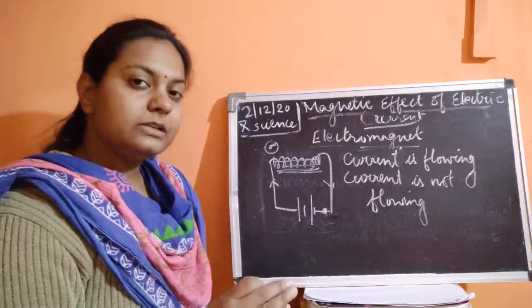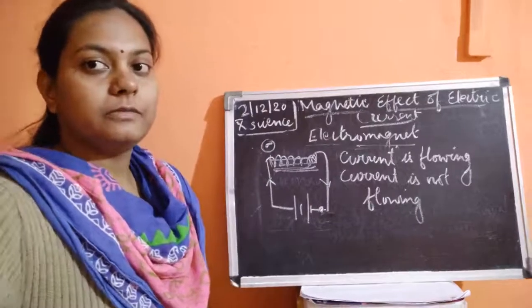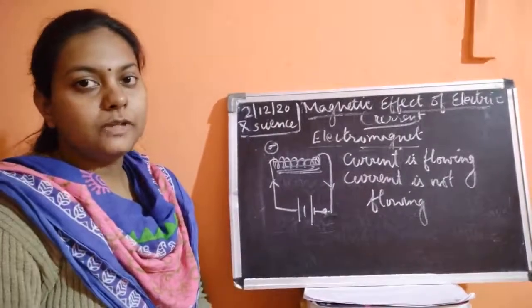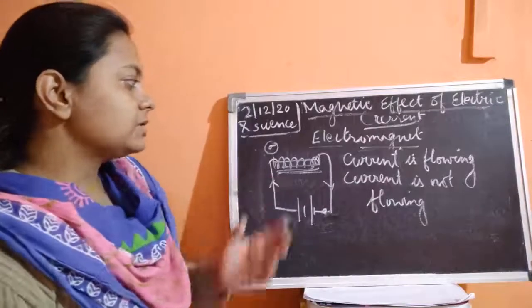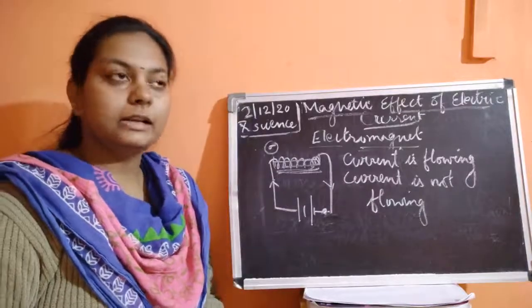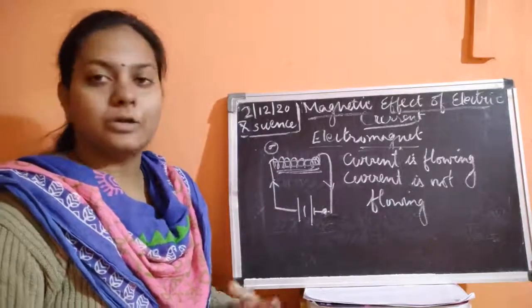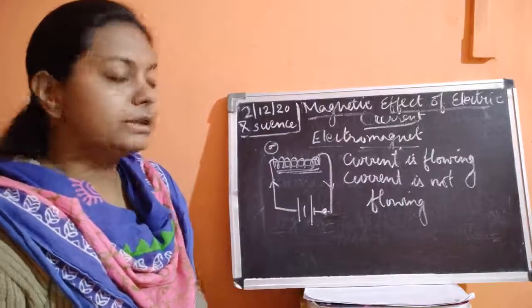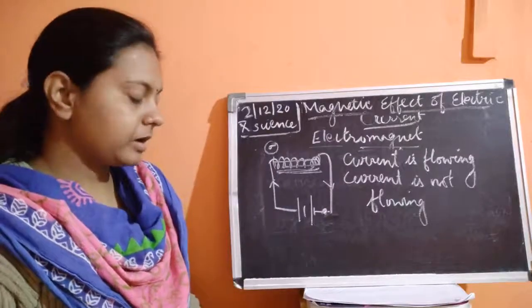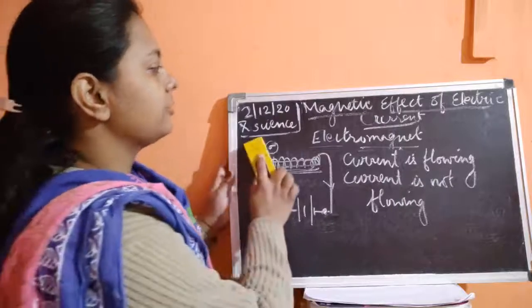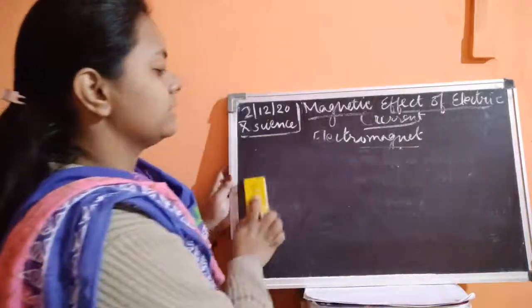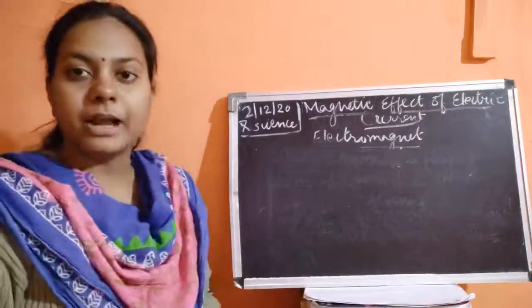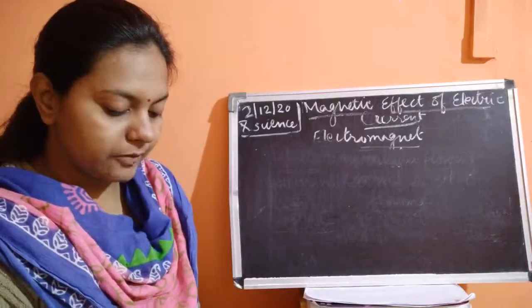And when the switch is turned off, what happens? As soon as the switch is turned off, it is a normal piece of iron again. So this was about the electromagnet and how it is generated. I'll talk more about electromagnetism and the solenoid in the later half of the chapter.